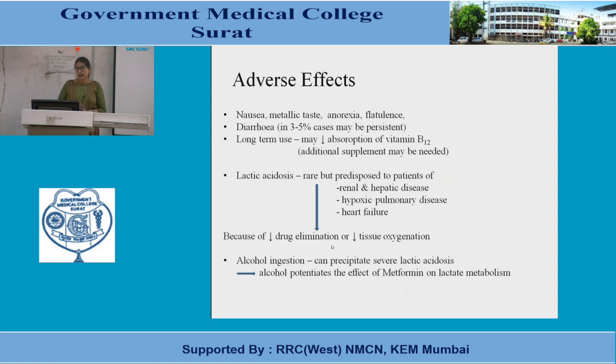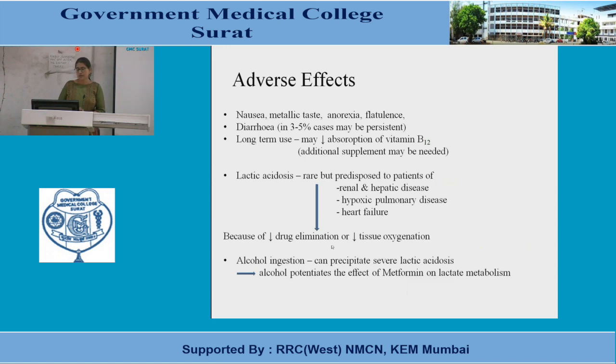Regarding the lactic acidosis incidence, which is much more common with the sulfonylurea, but here it is rare, but in predisposed patients it can be there. Predisposed patients are renal and hepatic disease patients, hypoxic pulmonary disease patients, or heart failure patients. And why would it be there?